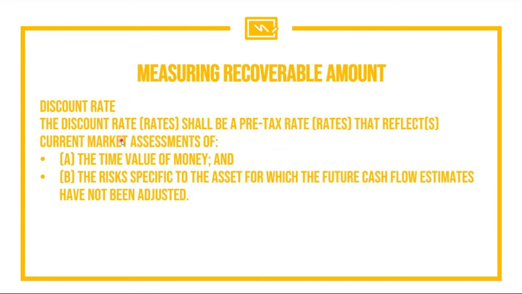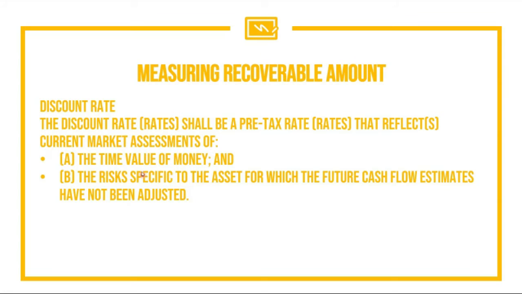There. And then, of course, one of the most important factors will be the discount rate, because you already know the cash flows. You also need to get the discount rate, because the discount rate will be the basis of your present values. So the discount rate or rates shall be the pre-tax rate. So again, similar, if the cash flows do not consider the tax amounts, the discount rates are also going to be pre-tax rates. Okay?